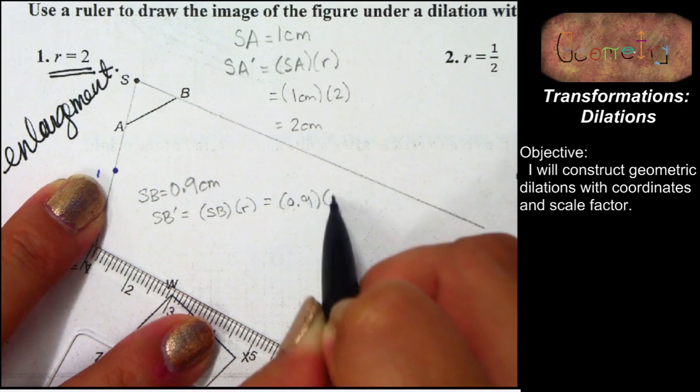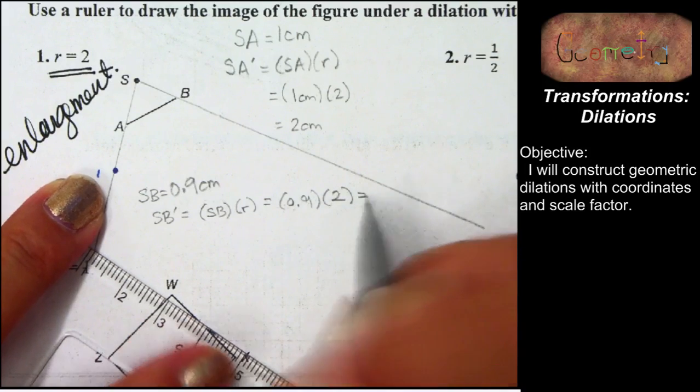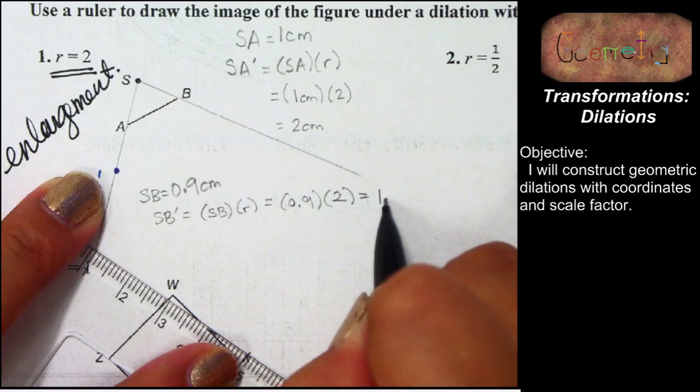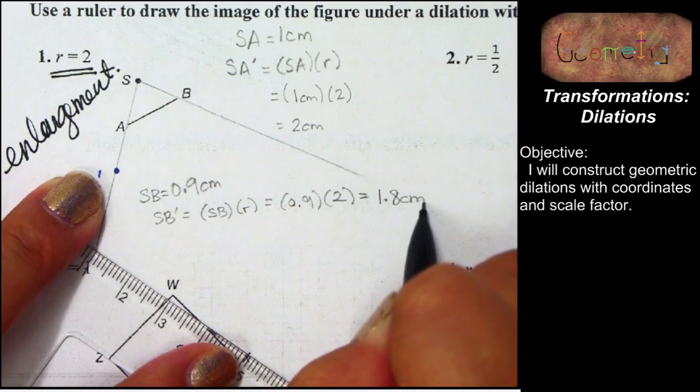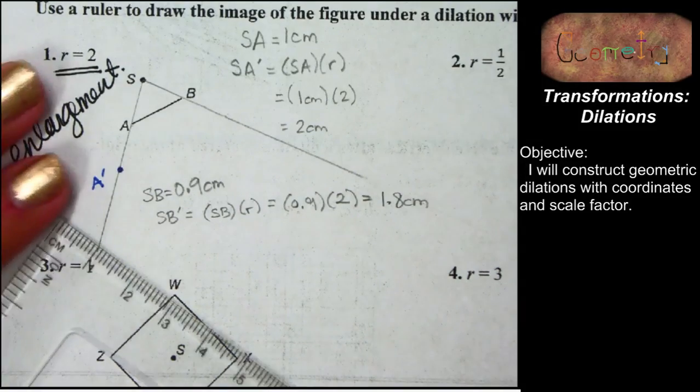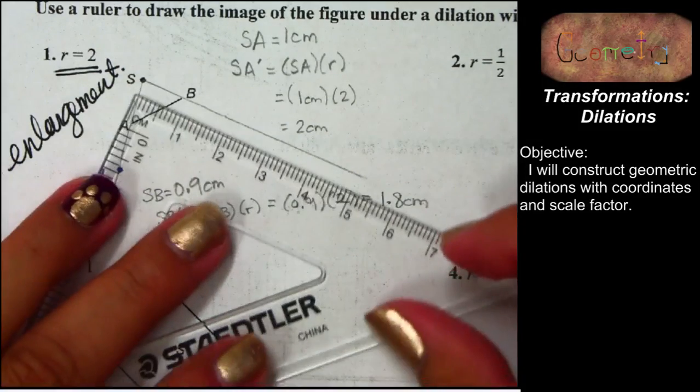My scale factor was 2. And so my new distance is 1.8 centimeters. If you need to use your calculator app, whether it's on your phone or on our calculator, you're more than welcome to do that and help yourself out with that multiplication.